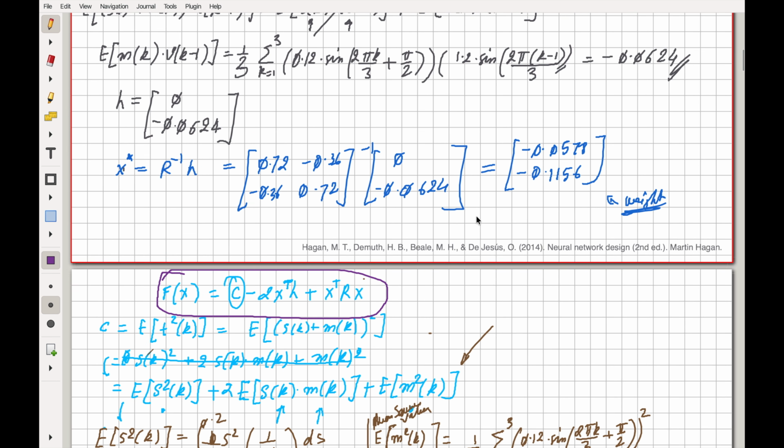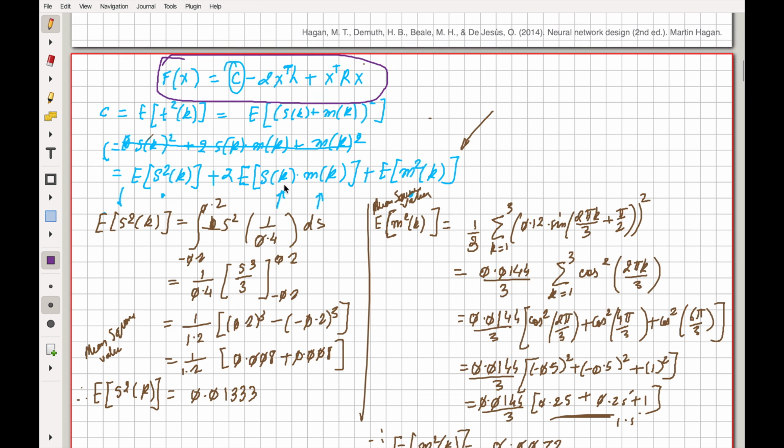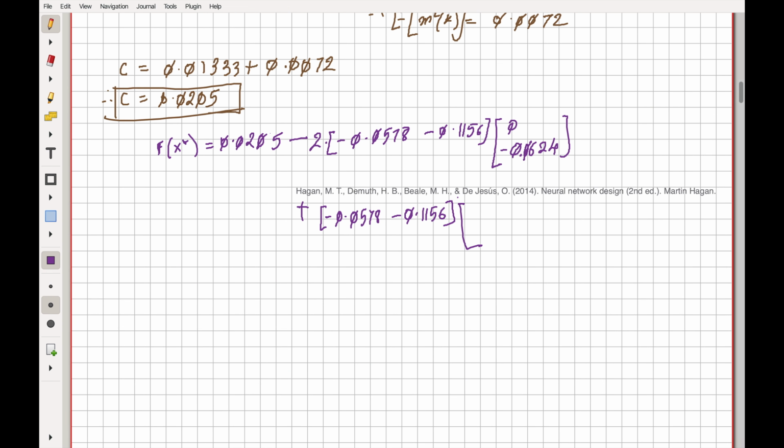The R is right here, 0.72 on the diagonal, so 0.72, 0.72 minus 0.36 minus 0.36, then we have x, which is 0.0578, and this is minus 0.1156.